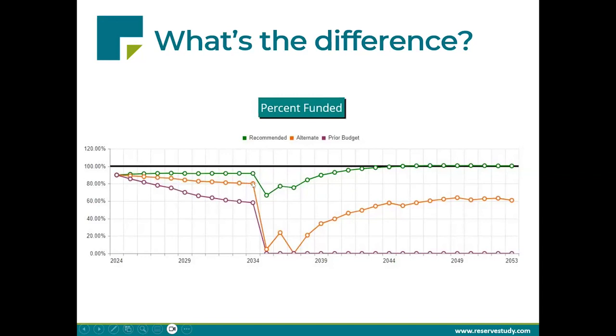The kind of orange color here, labeled as the alternate, is the baseline funding plan. You see it limps along, not so bad for the first 10 years or so, but then it falls off a cliff. And then we've got this series of purple dots, which in this case is just showing the client what happens if they don't change anything at all. Their current budget for reserve is even less. They will definitely run out of money.